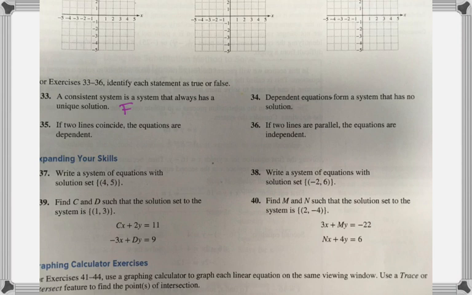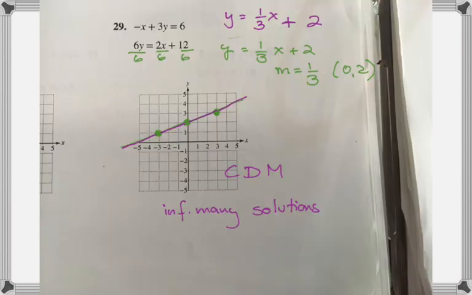If 2 lines coincide, the equations are dependent. True or false? True. If 2 lines coincide, the equations are dependent. Coinciding lines, what does that mean again? I forgot. Are they crossing? Number 29 are coinciding lines, right?